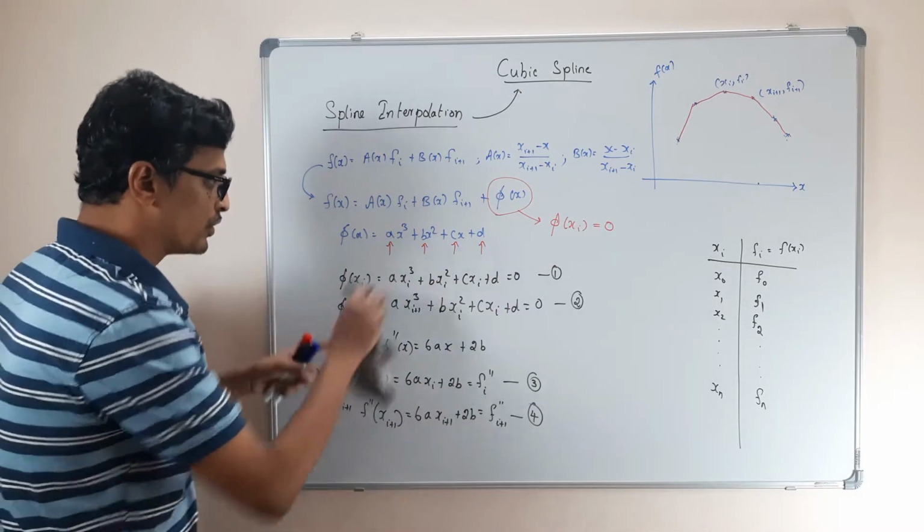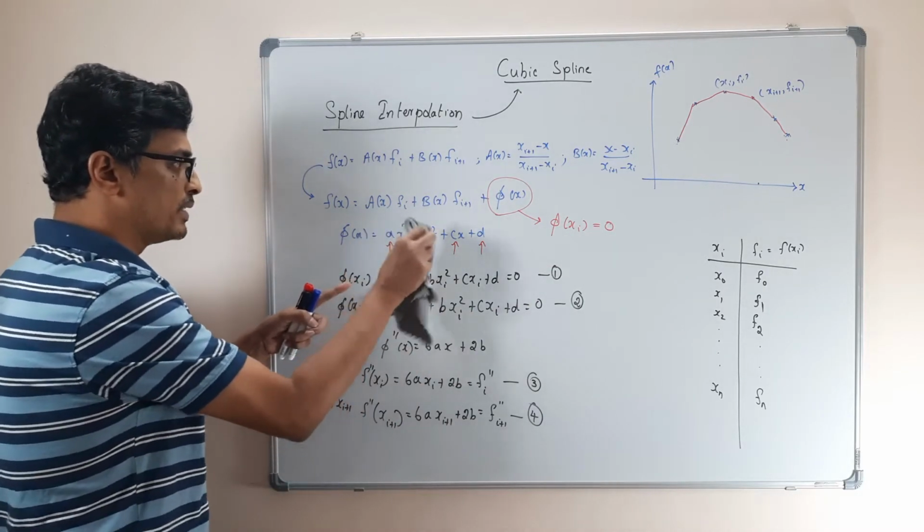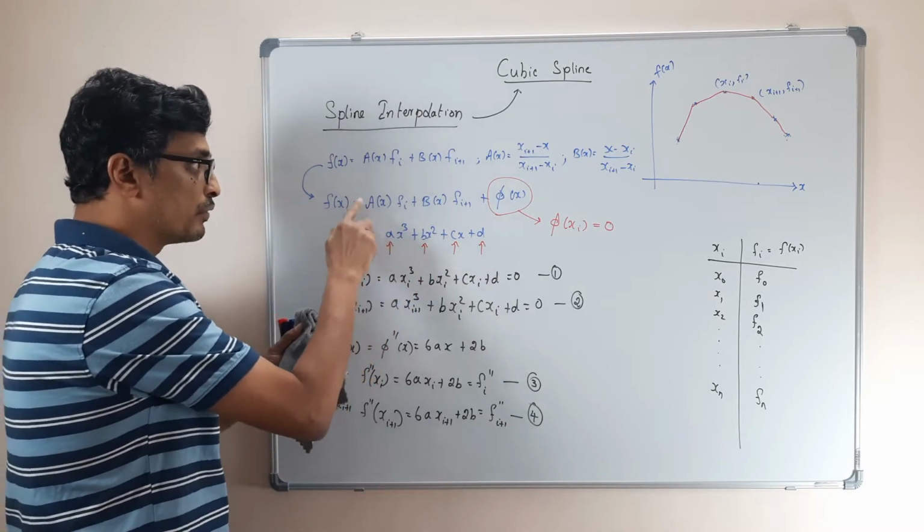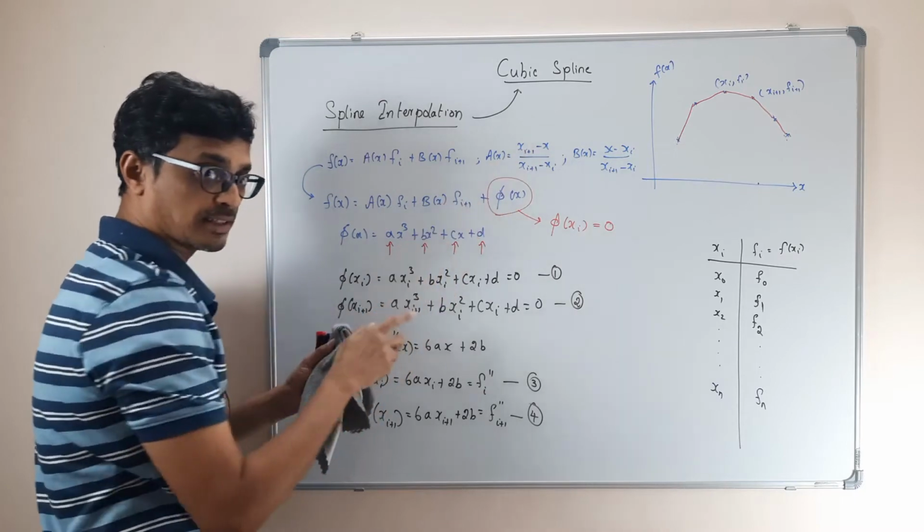When you do all this jugglery, I can replace a, b, c, d, and in fact you can write those things in terms of a of x and b of x itself.